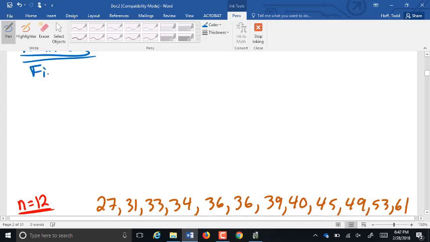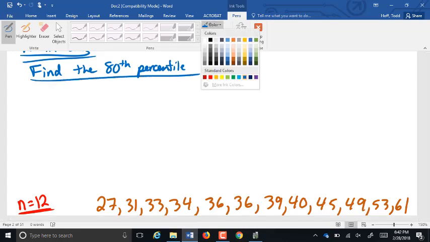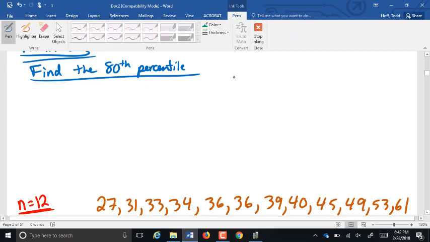So if I ask you to find the 80th percentile, the process for doing that, just like with median, one is to put them in order. We already did that.